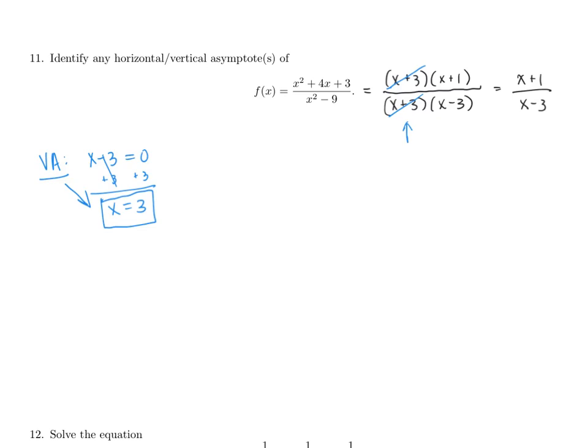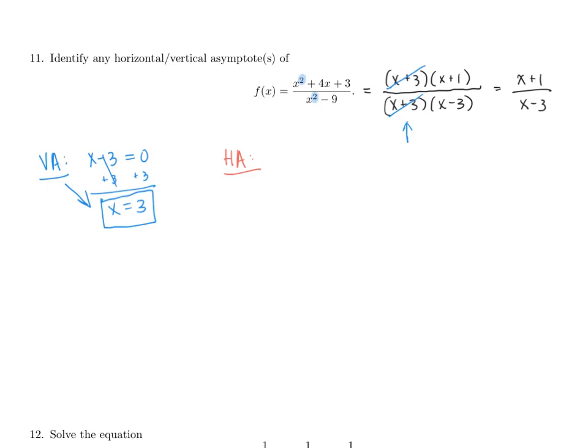Now you're either going to have a horizontal or a slant asymptote. You're never going to have both. And so in every case, you want to look at the degree of the top and the bottom. So here your degrees match. If you have the same degree in the numerator as you do in the denominator, that's going to give you a horizontal asymptote. And the way you find the horizontal asymptote is you look at the coefficients of the highest degree.